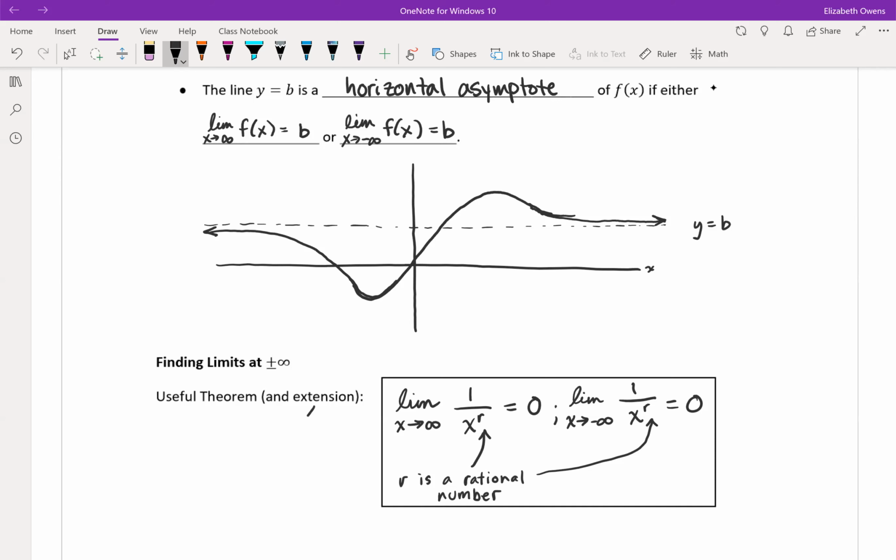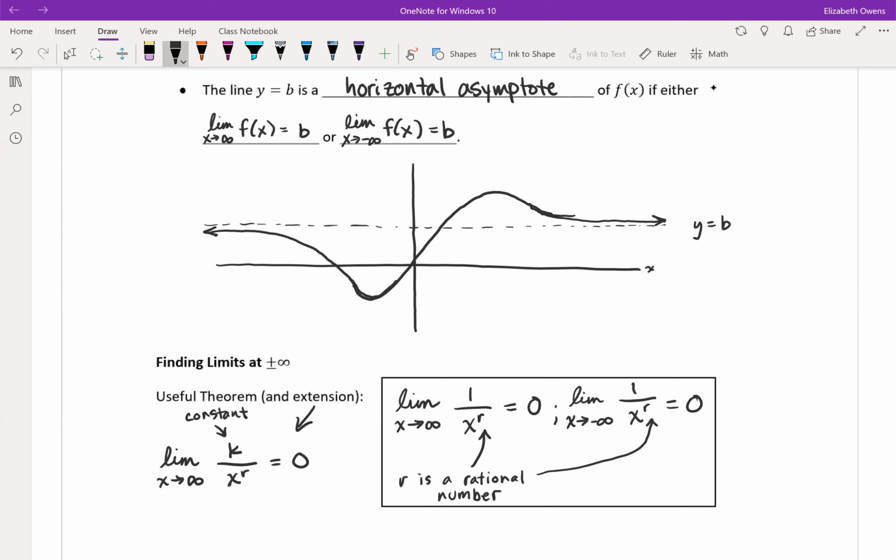Now the extension to this is just replacing that 1 on top. We can say that the limit as x approaches infinity of any constant k over x to the r is going to equal 0.